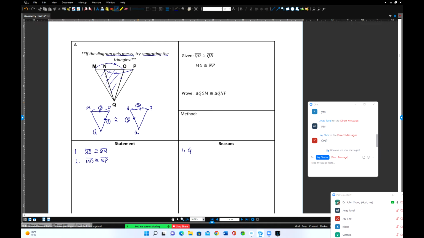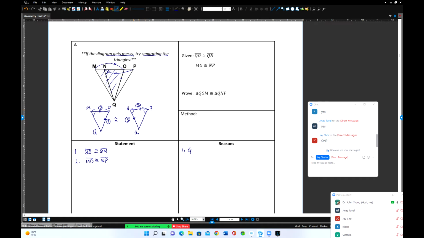But we still need one more. Where is the one more? Can you guys give me the one more factor? We already have only two sides. We need one more. Where is it? Anybody can give me an idea? Q and P. Excellent. Q and P, this angle over here.